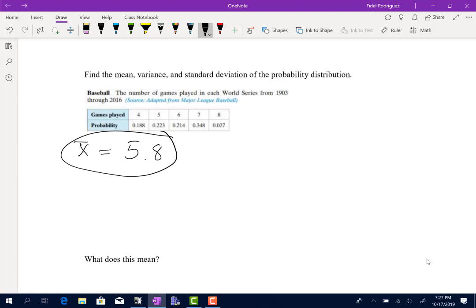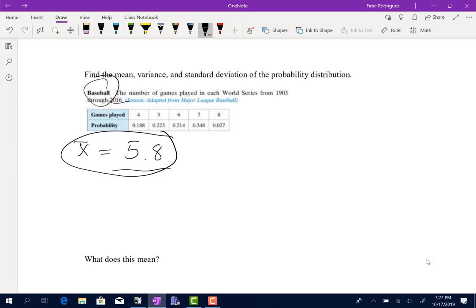Now, before I do anything else, let's take a look and see what this problem is even telling me. We're talking about baseball. And we're talking about the number of games in each World Series from 1903 through 2016. So the number of games played in every World Series from 1903 until 2016, on average, how many games were played? 5.8, right?